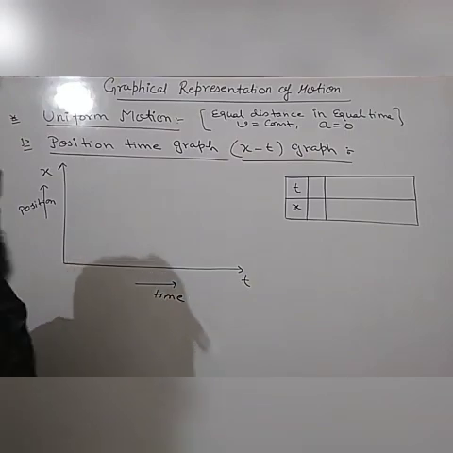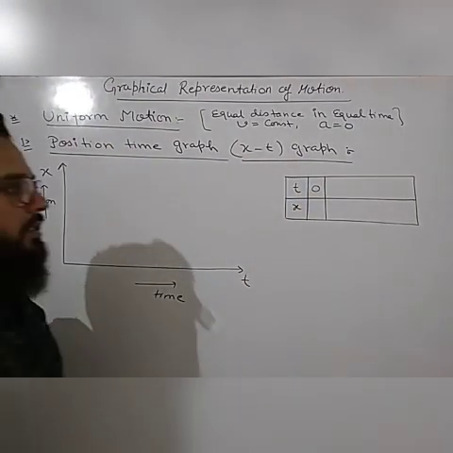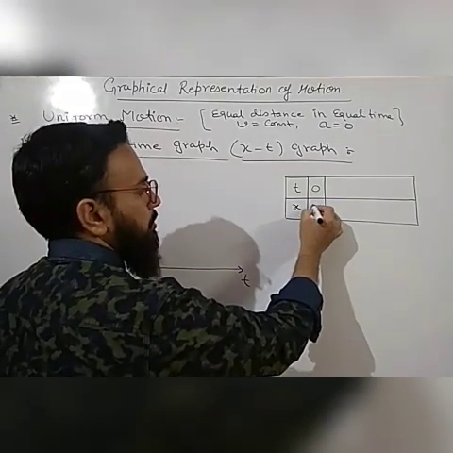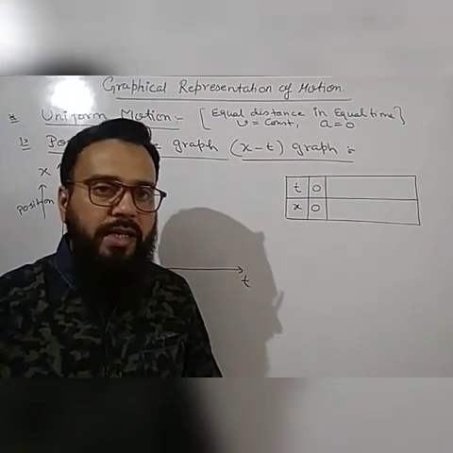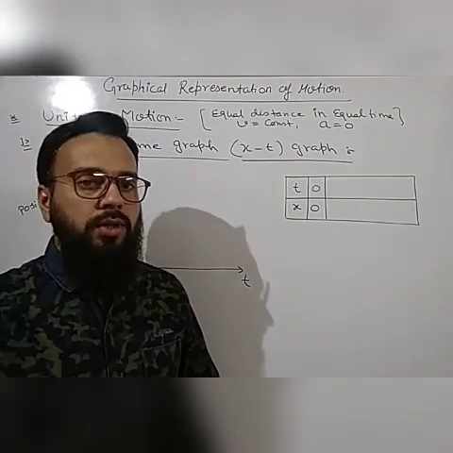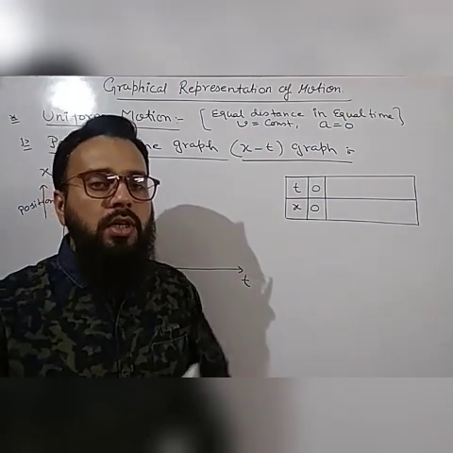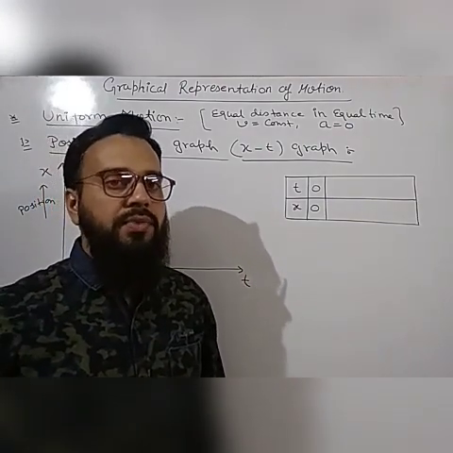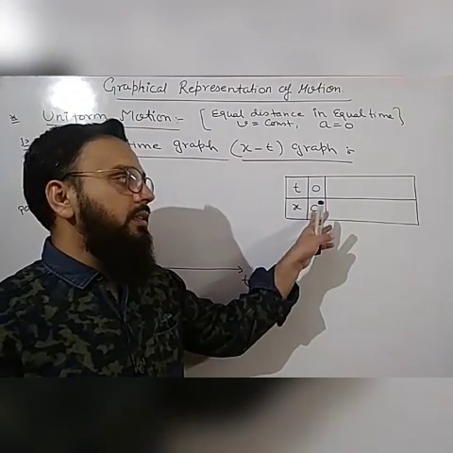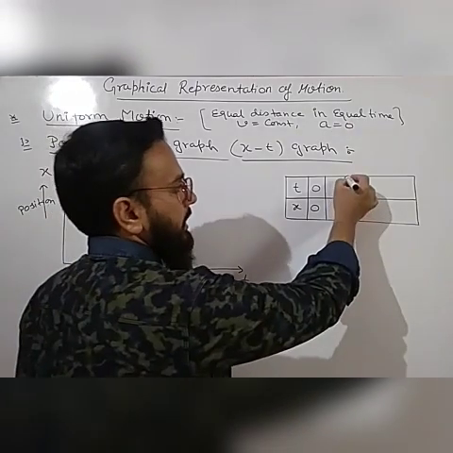If a motion starts at t equal to 0 in a given frame of reference, and suppose at t equal to 0 the body is also at the origin, I am standing at the origin of the frame of reference, and that's why my coordinate is 0.